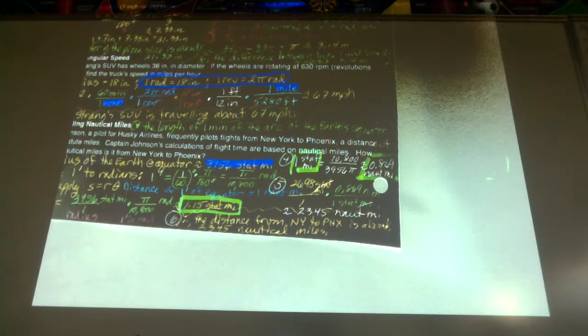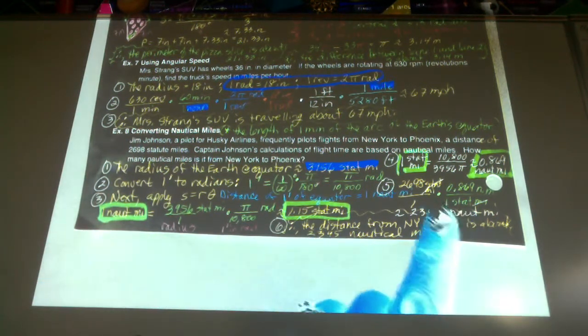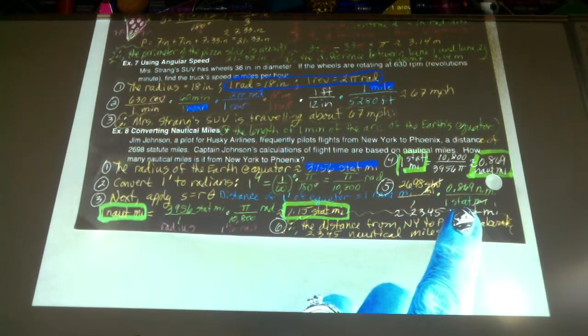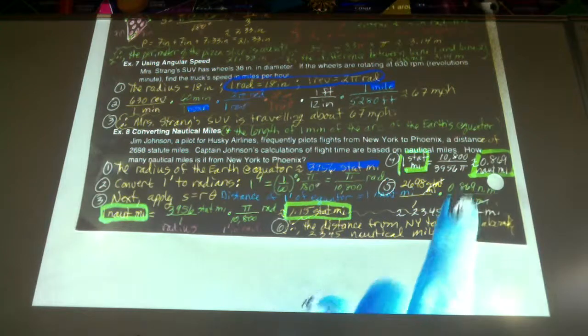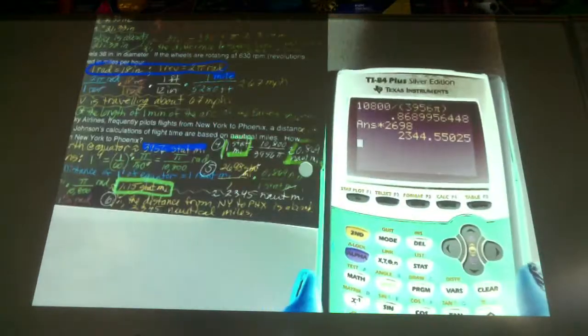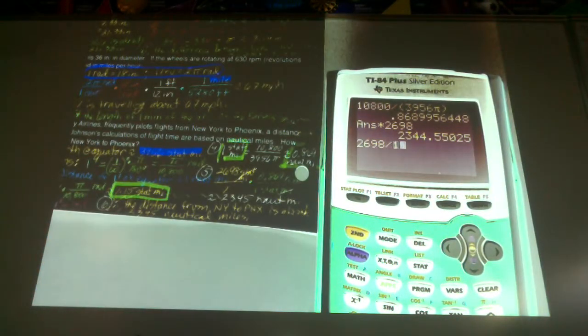Now, could you have used the 1.15 and just know that one and memorize that one? Yeah, sure. So if you know that 1 nautical mile is equal to that, then you would have put the 1.15 stat miles in the bottom and 1 nautical mile up top. Doesn't that mean you would be dividing this by 1.15? Let's see if that gives us the same answer. So if I were to take the 2698 and divide it by 1.15, do we get the same answer?